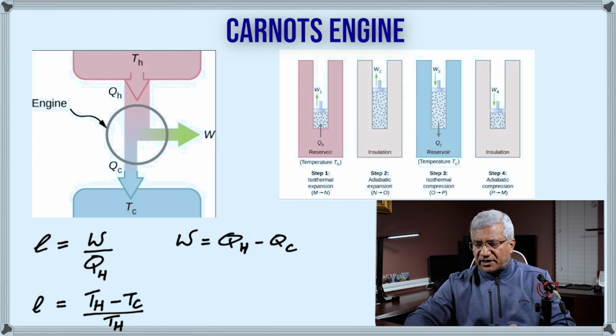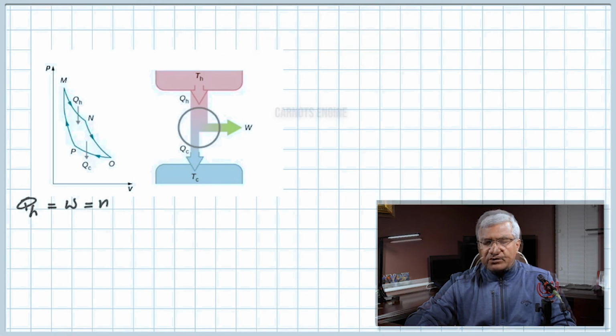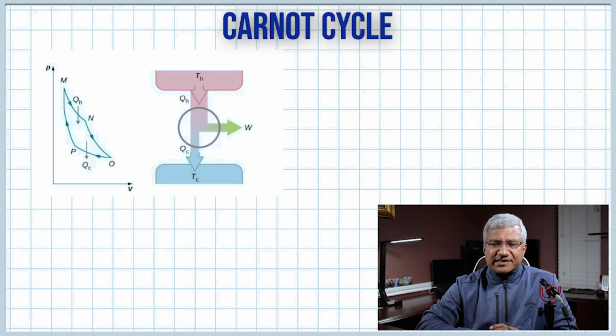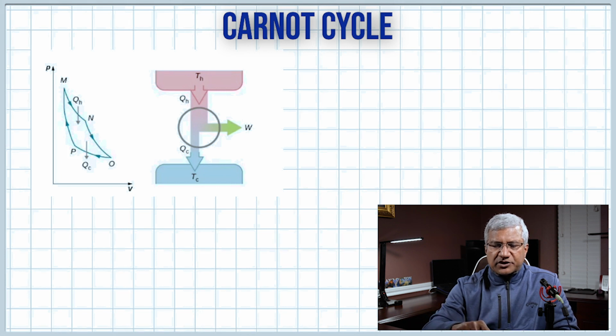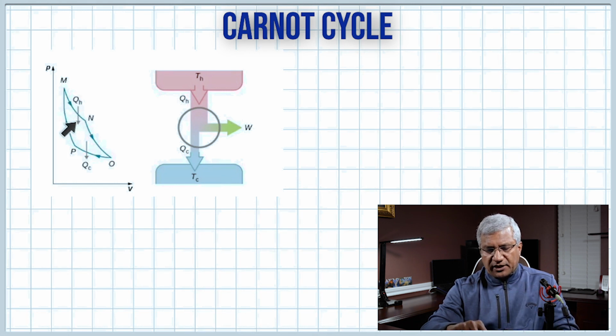So when you look at the Carnot cycle, it becomes even more clear. Now let's look at the Carnot cycle, the pressure volume diagram. It clearly shows the four processes. MN is the isothermal expansion, where QH heat is absorbed. NO is the adiabatic expansion.